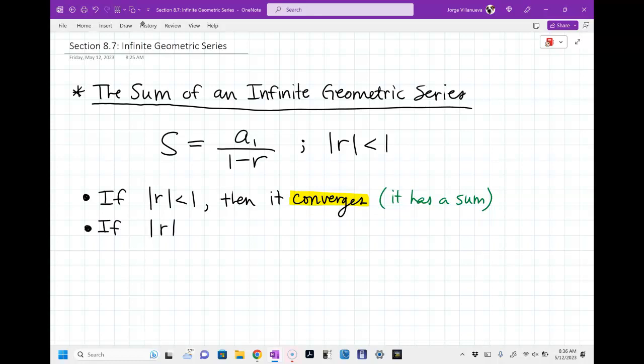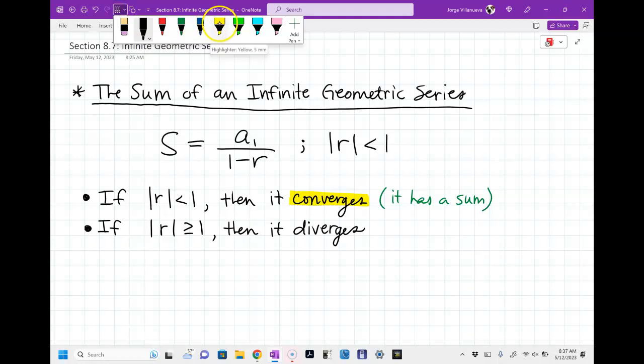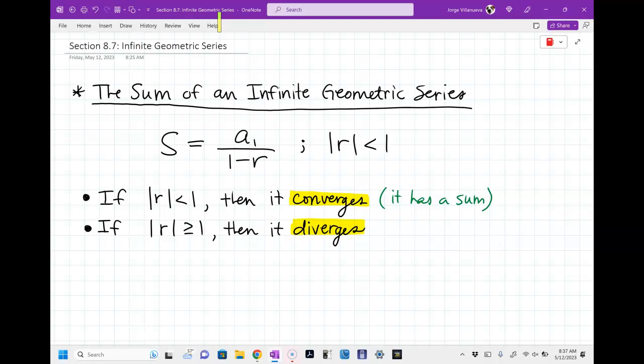If the absolute value of r is greater than or equal to 1, then it diverges. If it diverges, that means the sum is infinite. The sum is just huge. So we're going to say it does not have a sum, and I'm going to put infinity right here. In other words, it just keeps adding up to a really large number, but we can't figure out what that number is.